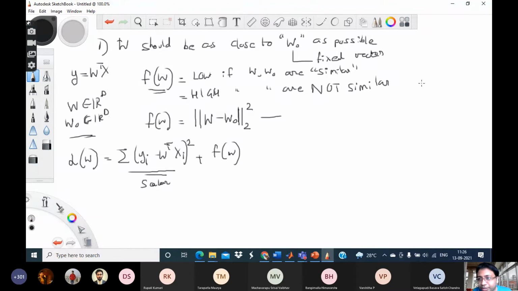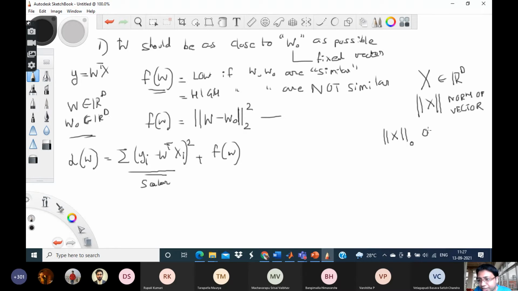So let us consider any vector x. Forget the feature vector, any vector x, a d-dimensional real vector. This notation is called a norm of the vector. Now there are many norms, a norm of a vector can be defined in many ways. So let us define this particular norm.